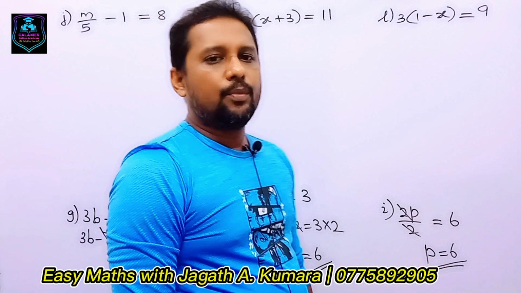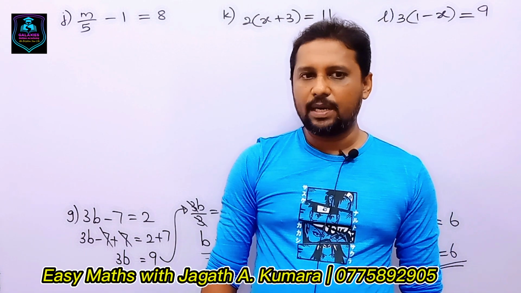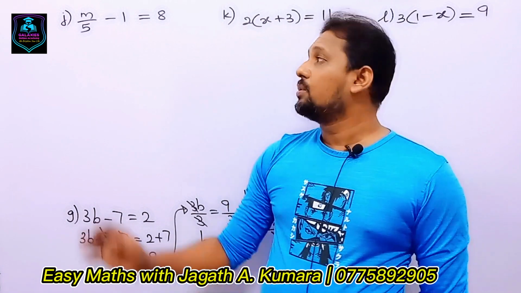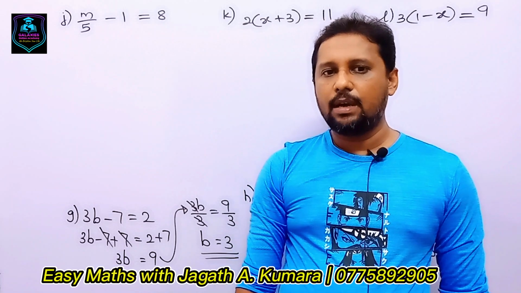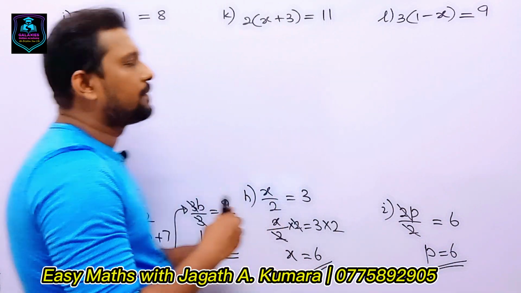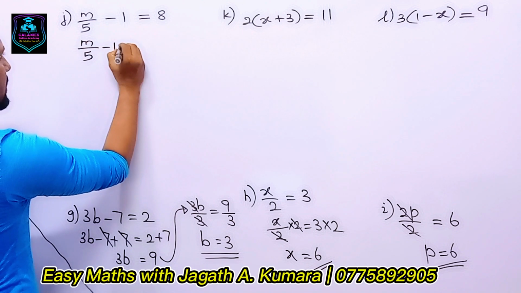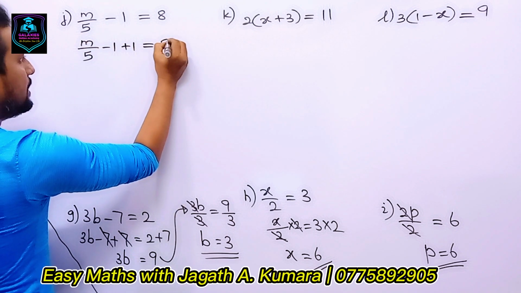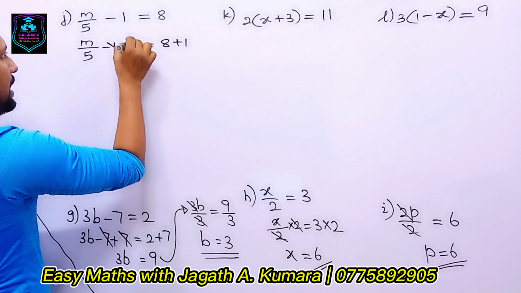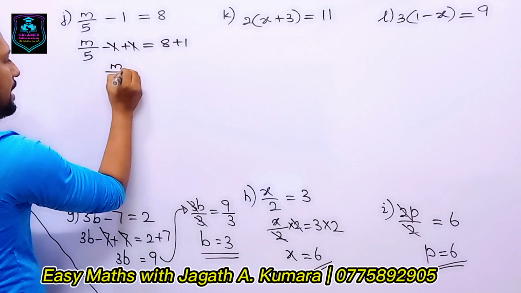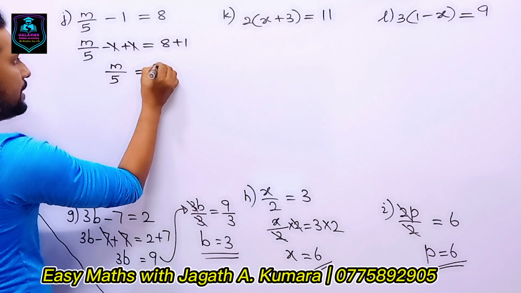First you have to remove 1. 1 is negative 1, no? Minus 1. So to remove minus 1, both sides you have to put plus 1. Right? So m over 5 minus 1 plus 1 equal 8 plus 1. Minus 1 plus 1 cancel. M over 5 equal 9.